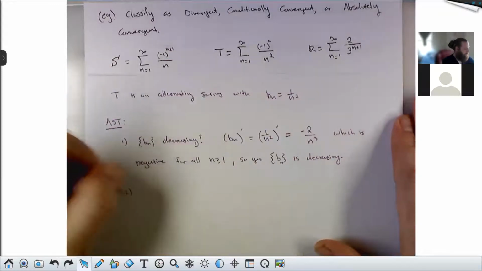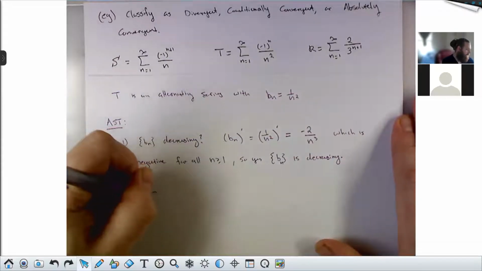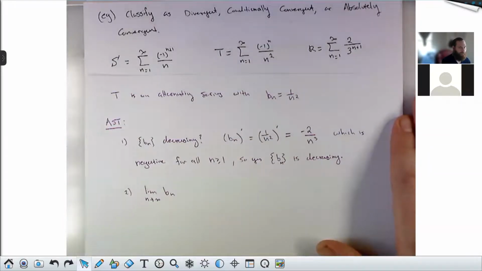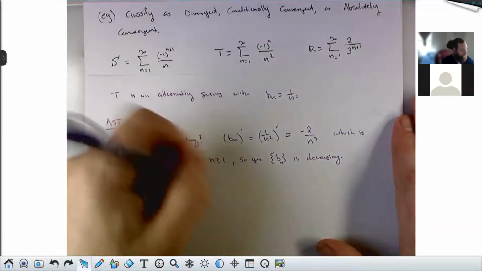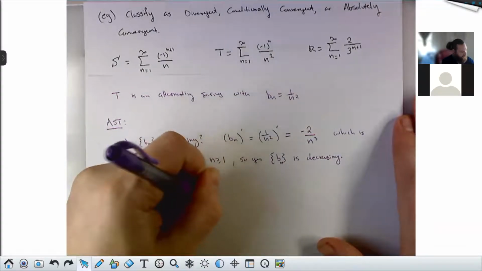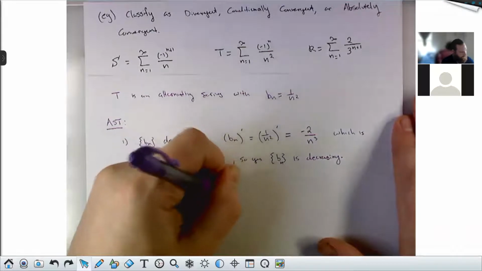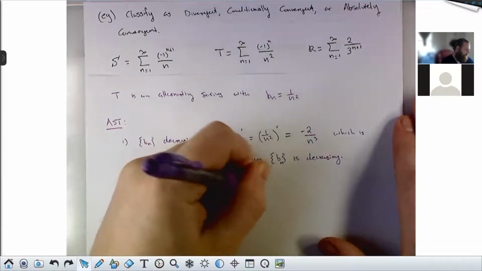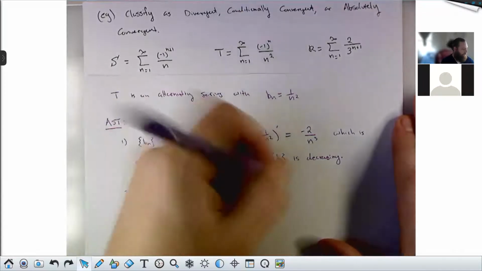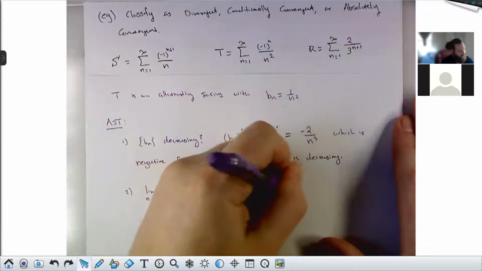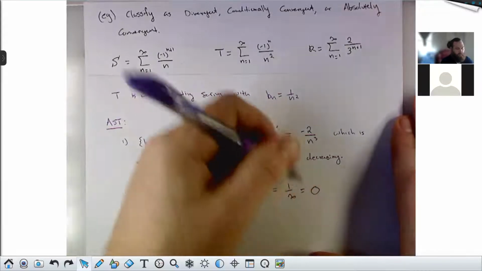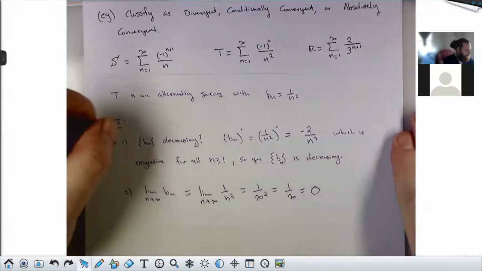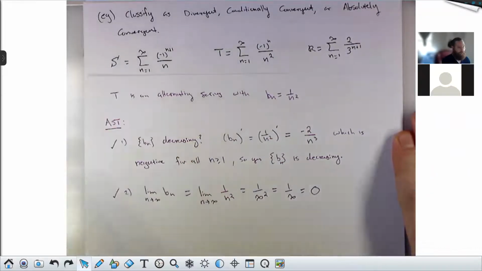The other thing we need to check is the limit as n goes to infinity of Bn. Again, Bn is 1 over n squared, so this is the limit as n goes to infinity of 1 over n squared. That's 1 over infinity squared. Infinity squared is definitely infinity, so this is 1 over infinity, which is 0. So yes, both of these conditions are sound.